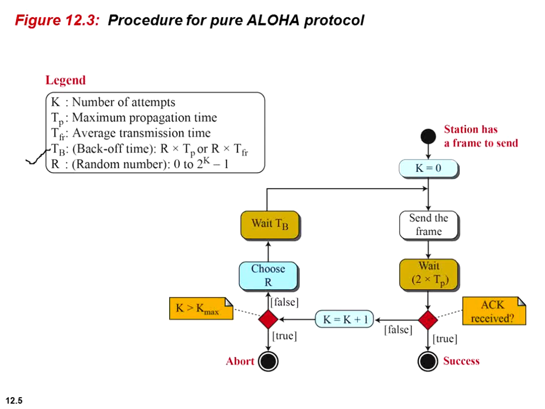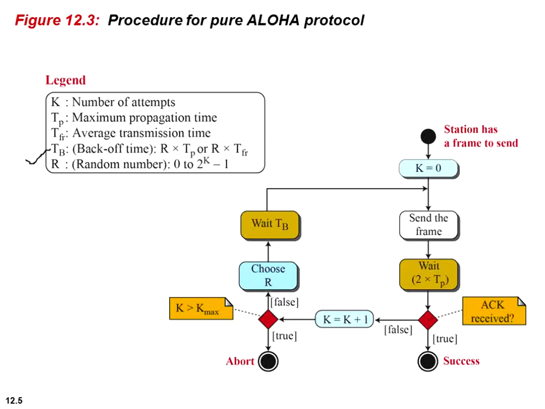Now pure ALOHA has a second method to prevent congesting the channel with retransmitting frames. After a maximum of retransmission attempts, that is Kmax, a station must give up and try later.